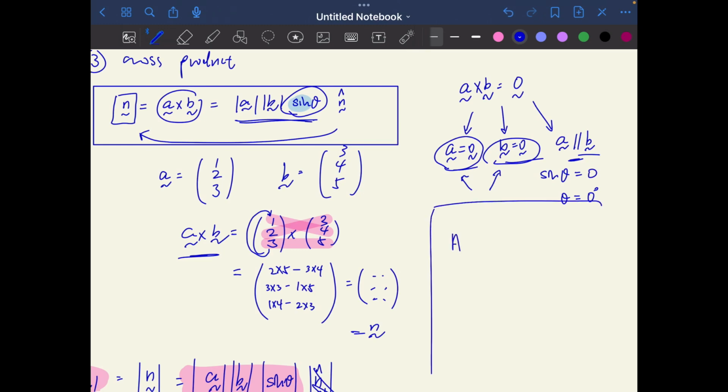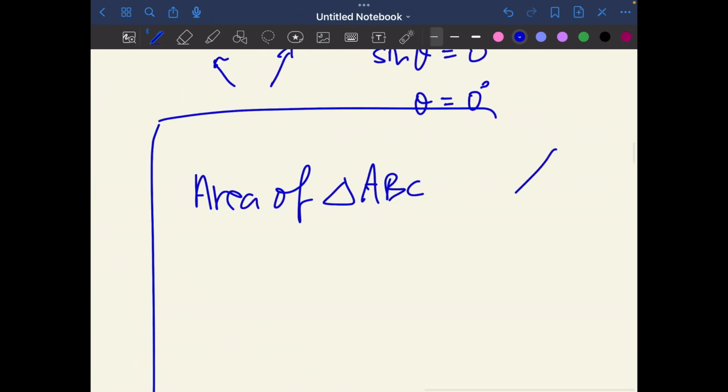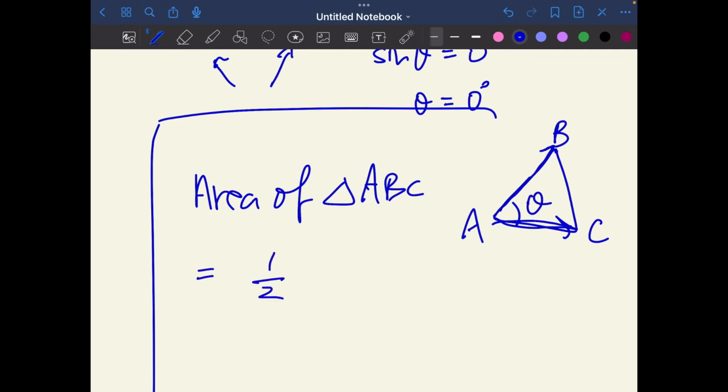For the area of a triangle, let's say triangle ABC, if you know vectors AB and AC, and you know they are joined together by angle theta, then the area of triangle ABC is half of the magnitude of the cross product of AB cross AC.